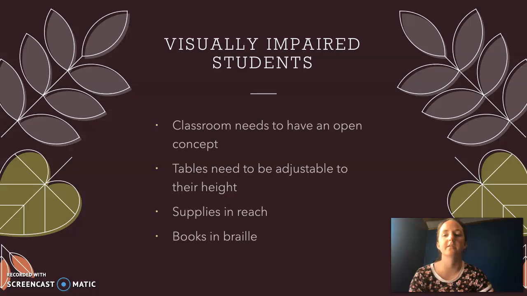That way it is easy for the visually impaired student to go from classroom to classroom. Don't change the classroom unless you notify them and let them know, otherwise they can bump into something. Their supplies need to be in reach, and if they are legally blind, have the books in Braille.